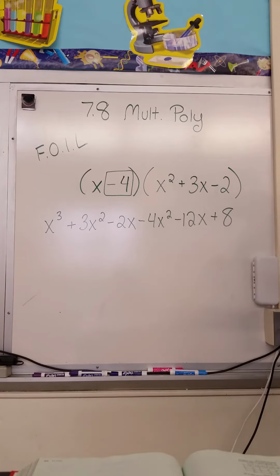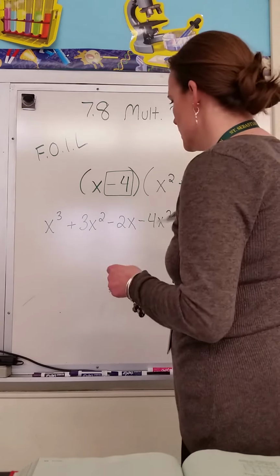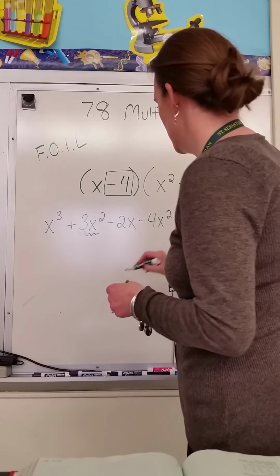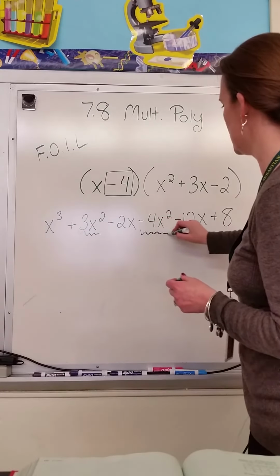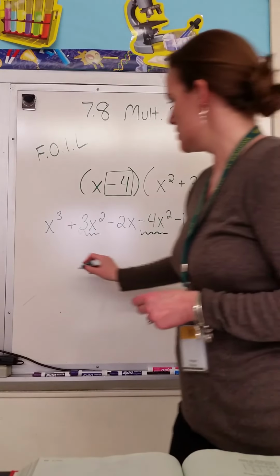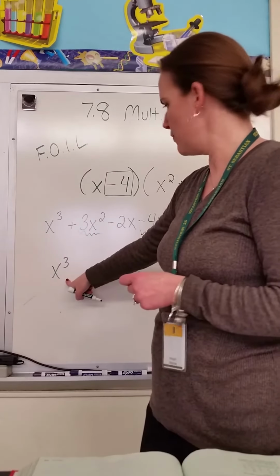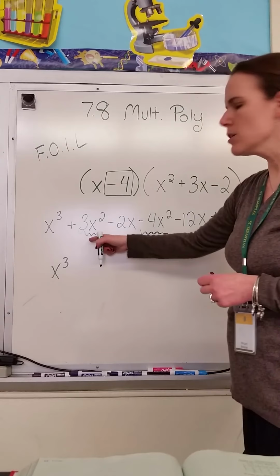The last piece is just combining all your similar pieces. So this is an x to the third, and we only have one of these, so that just stays by itself. You're combining your like terms.